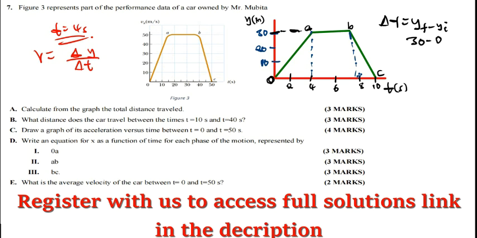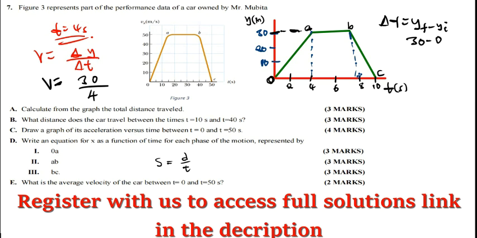So in this case, my velocity is going to be 30 divided by 4. I don't have a calculator nearby.